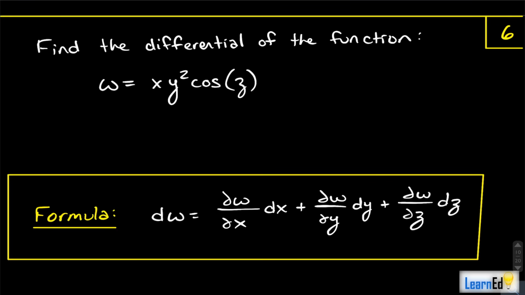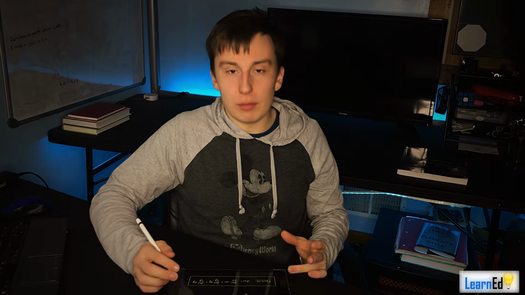So for number 6, we want to find the differential of the function w equals xy squared cosine z. Now, what I want you to understand about differentials, while this was a small topic in Calc 3, it was covered with tangent planes, approximations, things like that.